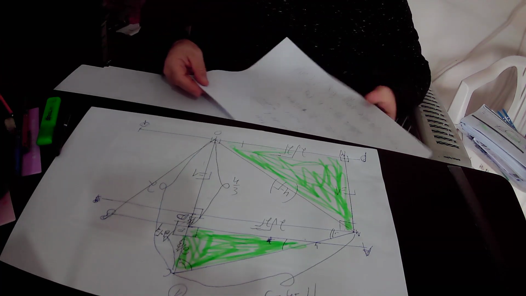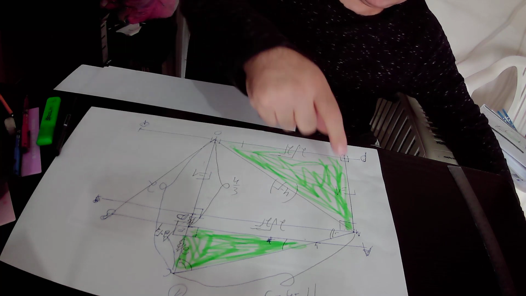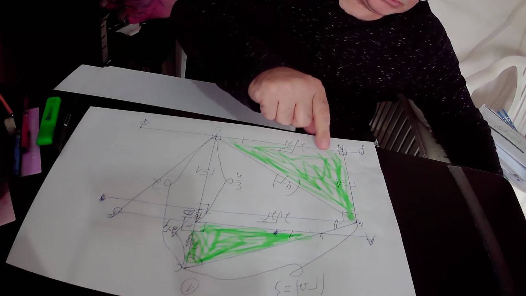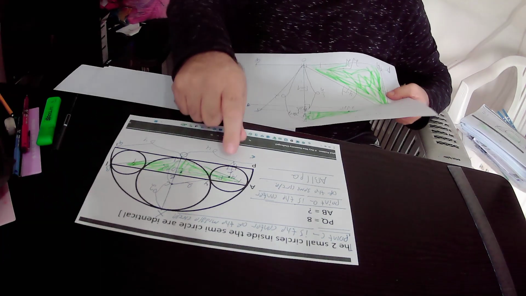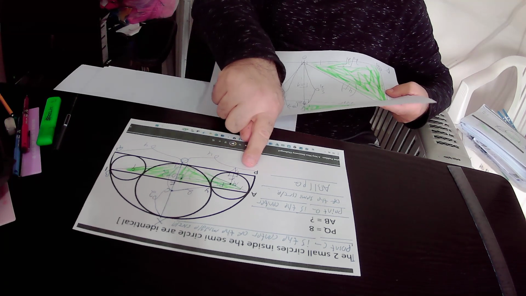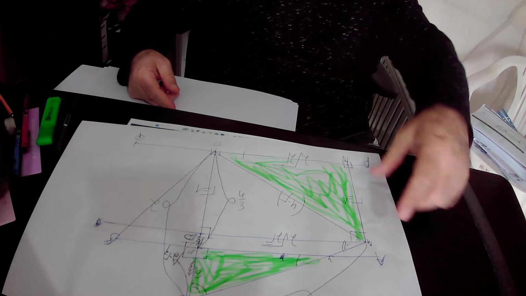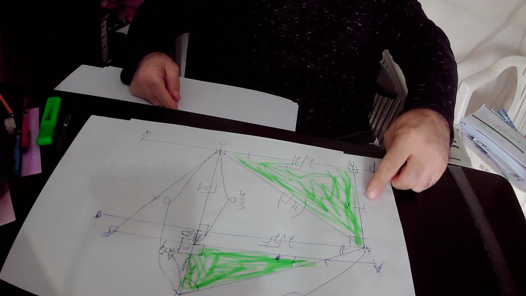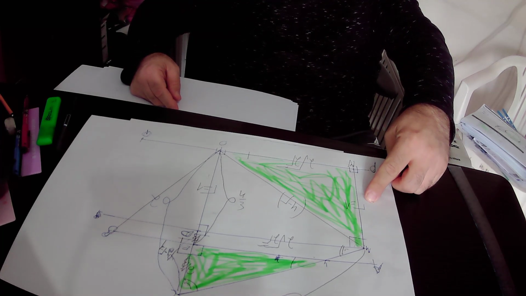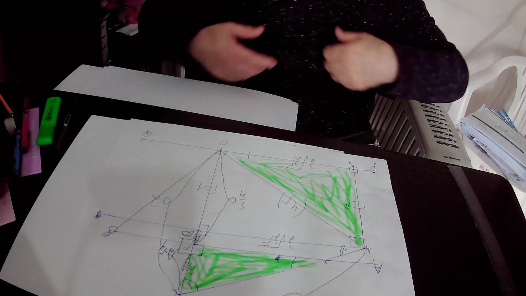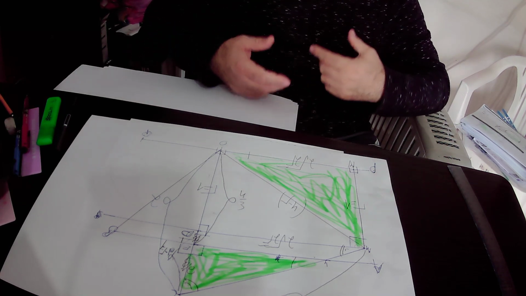And we know that MN is the radius of the small circle. MN equals R, so here we can write down that MN equals R. It is the radius of the small circle. And we have rule number 4, which states that the opposite sides of a rectangle are equal to each other.